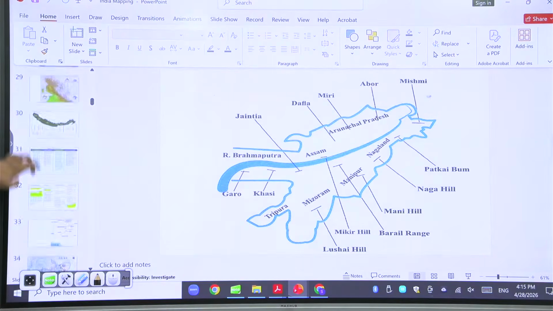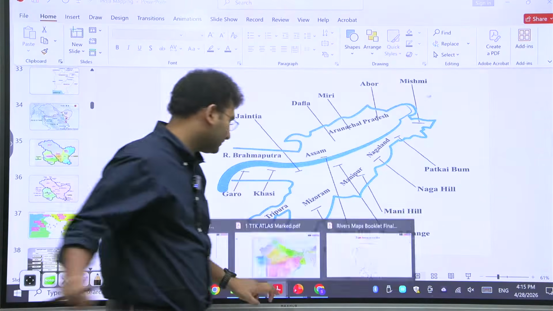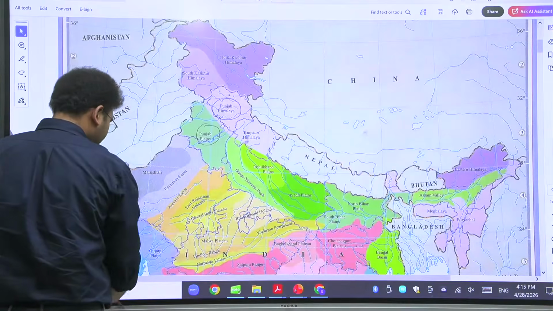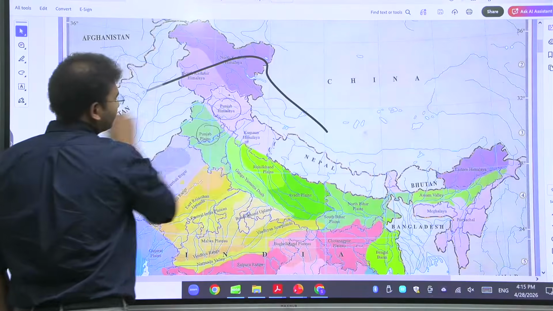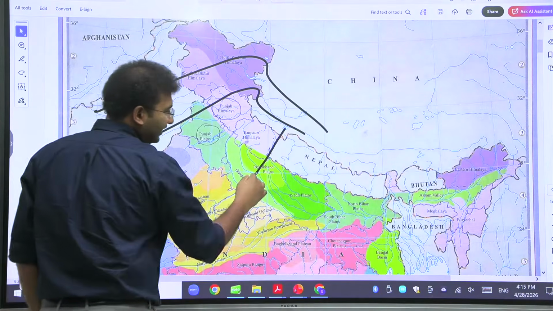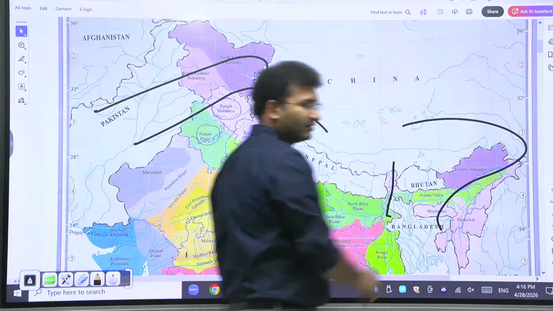Himalayas, you already know. The classification of Himalayas are like this: Eastern Himalayas, Western Himalayas. See here, you just need to know few rivers. One river is your Sutlej. Okay, from here you have your Indus, then you have Sutlej, right? And this is your Kali, this is your Teesta, and this is your Brahmaputra.